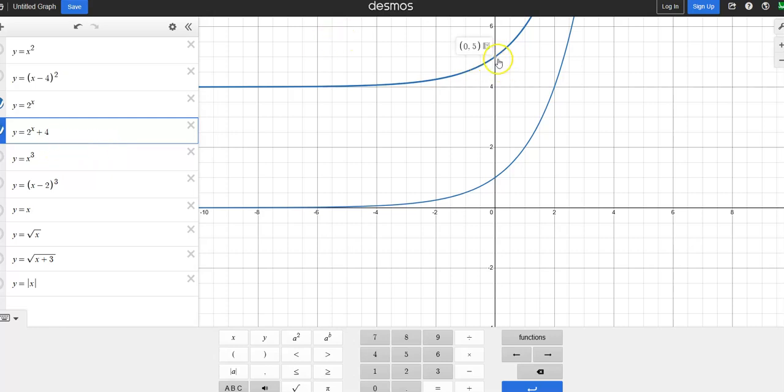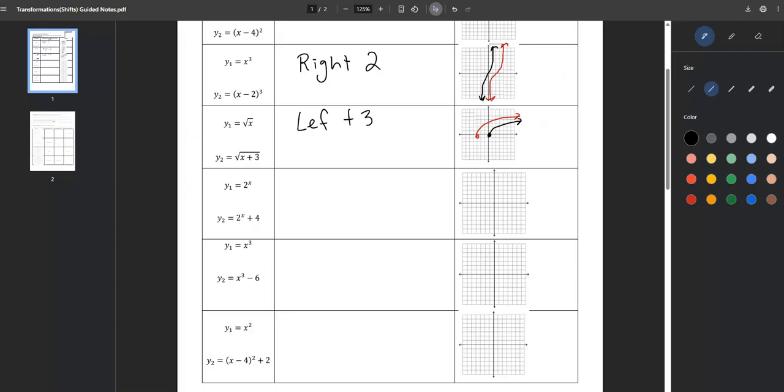It's gone from this point 1 up to 4, so it's been shifted up 4 from that one. That's a little bit different direction. We're moving up, and it's been moved up 4. And this original line should look like that, and now I've been moved. Let's see if I can do this. Good, just like that.